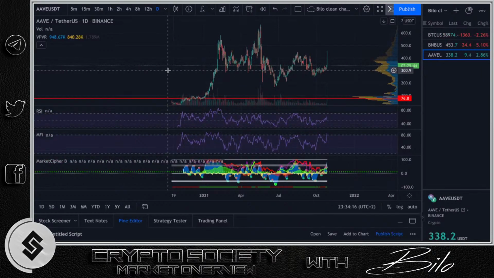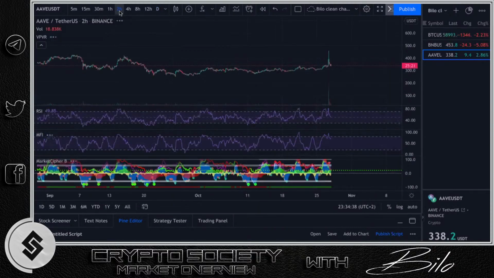So Aave popped this morning, big time. Actually, it was up just as much as if not more than Shiba was at one point, and then it's retraced again as Bitcoin's put some pressure on. If you go to the 2 hour, it'll probably show it a little bit more clearly what's happened.